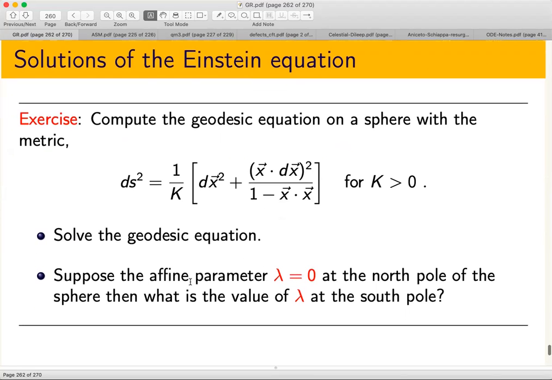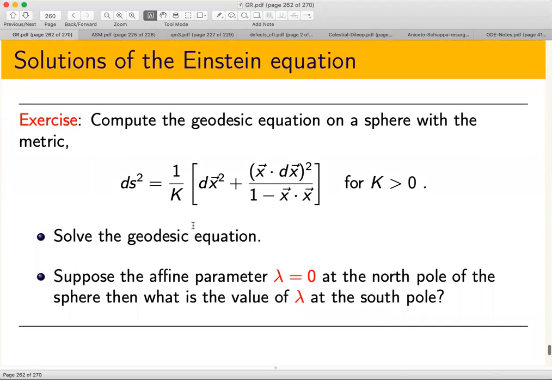After having done that, you can do one more thing. Suppose you set the affine parameter. Remember, the geodesic equation has an affine parameter: d2x by d lambda squared plus gamma whatever times dx by d lambda, that kind of stuff.